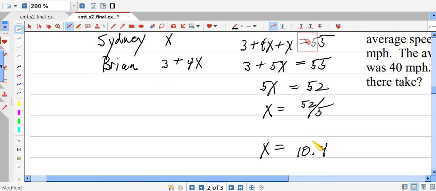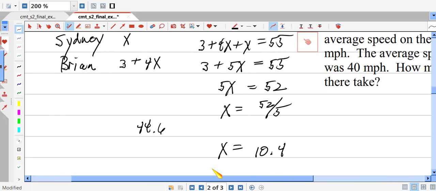3 more than 4 times that. So that would be, let's see, 41.2 plus 3, it would be 44.6. Is that right? Let me see. 3 more than 4 times 52.